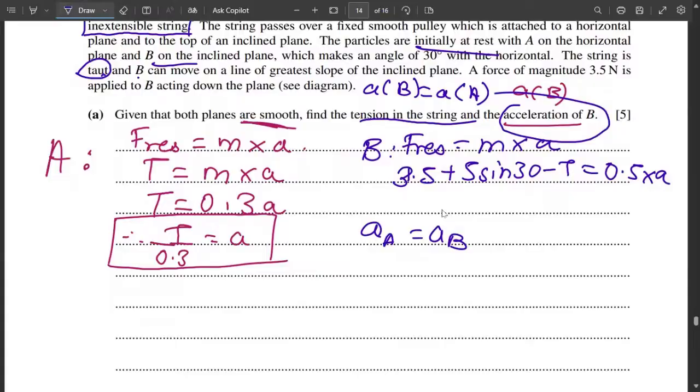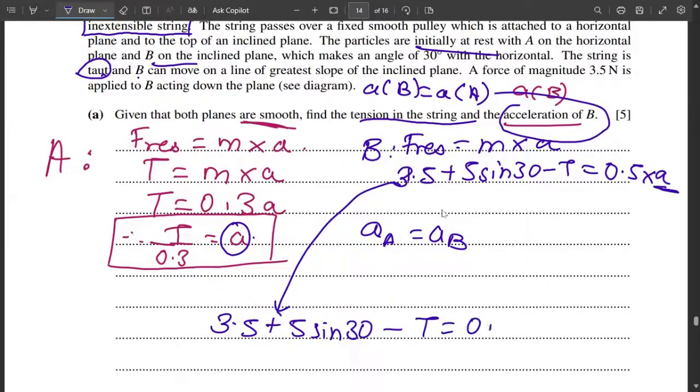What we can do is substitute, instead of this A, we can write T upon 0.3. So we'll do that: 3.5 plus, I'm writing this here, 5 sine 30 minus T is equal to 0.5 instead of A, I will write T upon 0.3 into T upon 0.3.